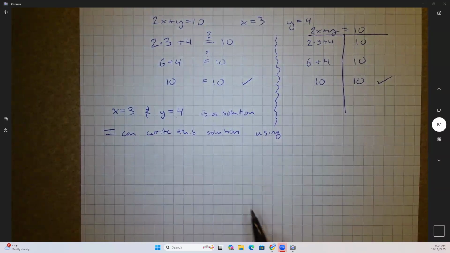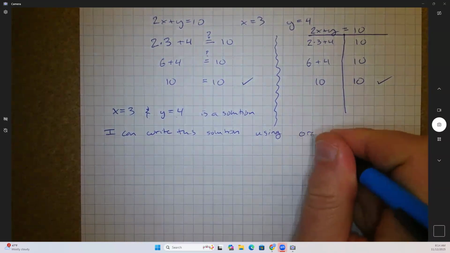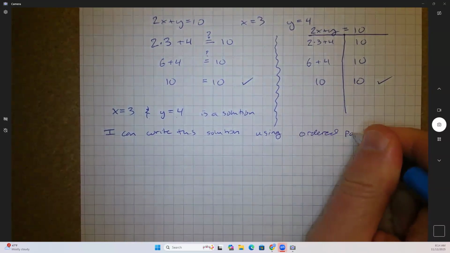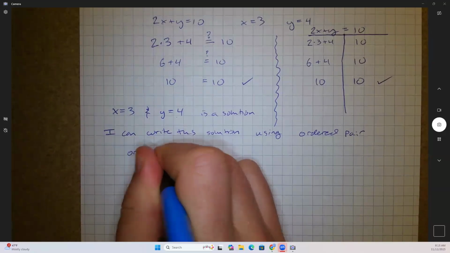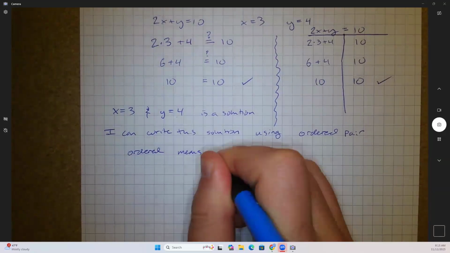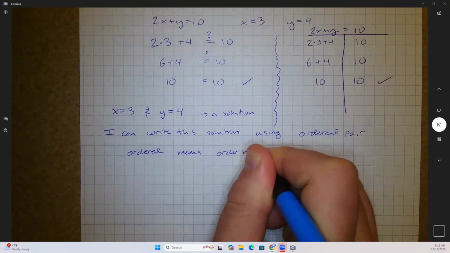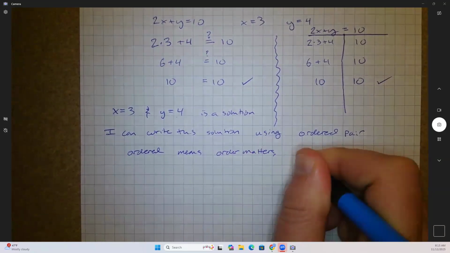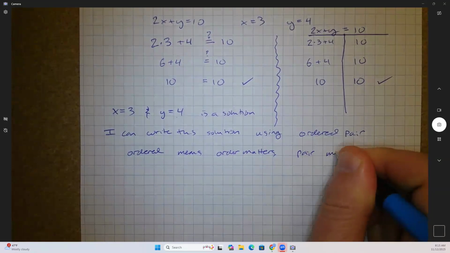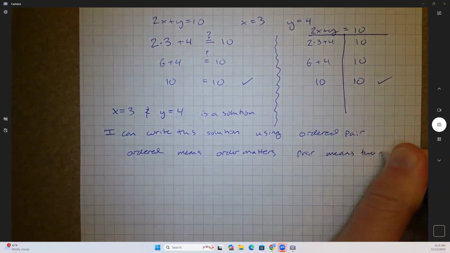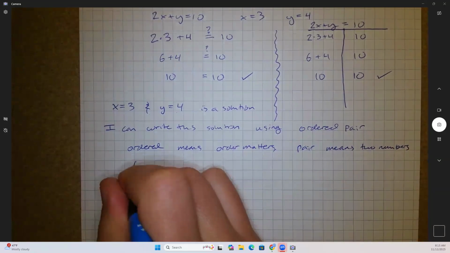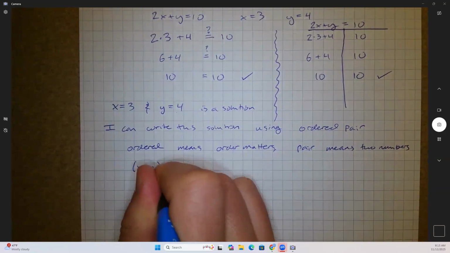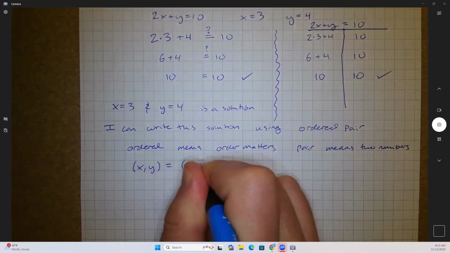I can write it a little more compactly using what's called an ordered pair. Ordered means the order matters. And pair means two numbers. And so my ordered pair is x comma y equals 3 comma 4.